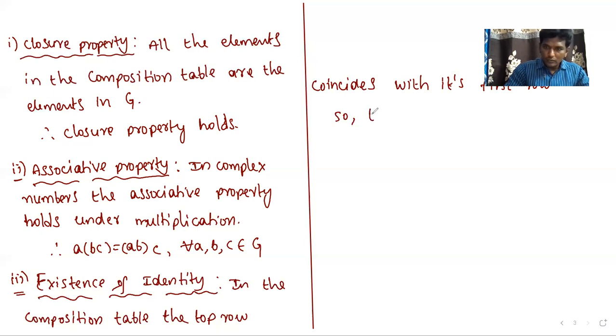So the identity element is 1. And the fourth property, existence of inverse.